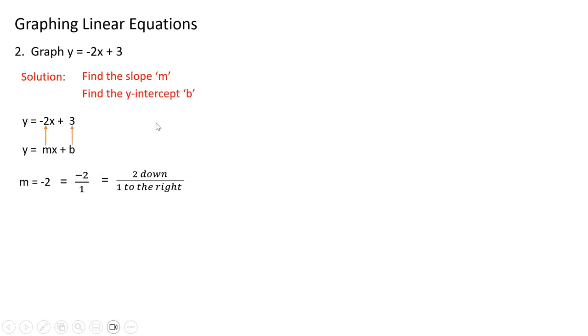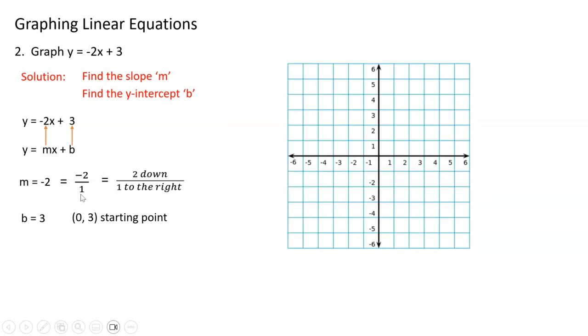The y-intercept will be 3. So b equals 3, that's my y-intercept, which is 0, 3, and that's my starting point. So we start with 0, 3, so 3 up here on the y-axis. Then we're going to go down 2, 1, 2, and 1 to the right. And we just connect those 2 points. That's my line. That's the same line as what we did by plotting points.